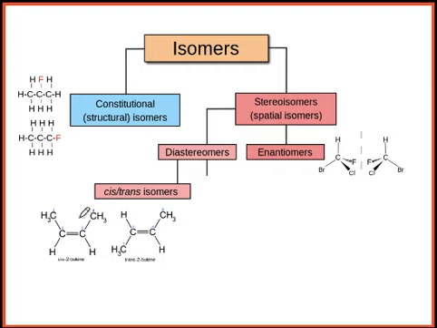So cis would be the first one because the methyls are on the same side in 3D space, and trans for the second one because they're on opposite sides. And lastly, the enantiomers, right? These are chiral, what we call chiral centers. We're going to look at that, and that's going to be our assignment in class. So these chiral centers, right, are bonded to 4 different atoms, right? And we're going to take a look at those soon.